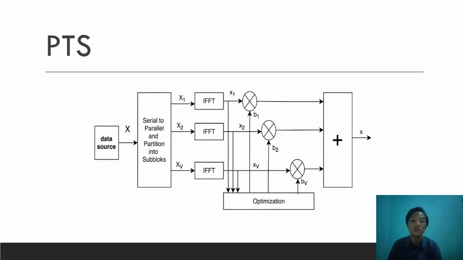The candidate signal which has the minimum PAPR value is selected for transmission. The index of the optimum phase factor, which achieves the minimum PAPR value, must be transmitted as side information to the receiver to recover the original data.